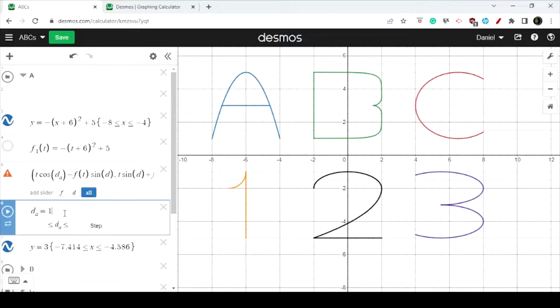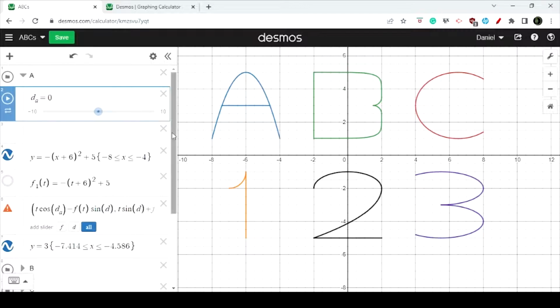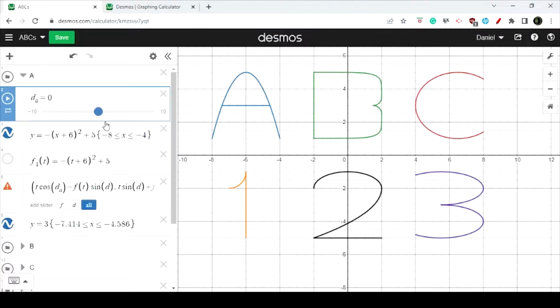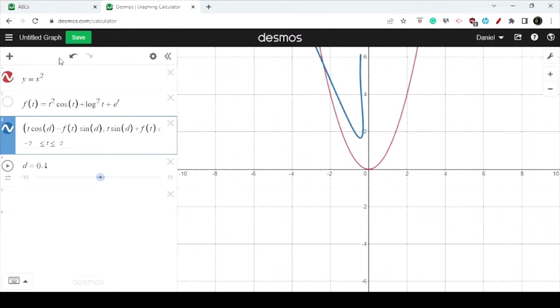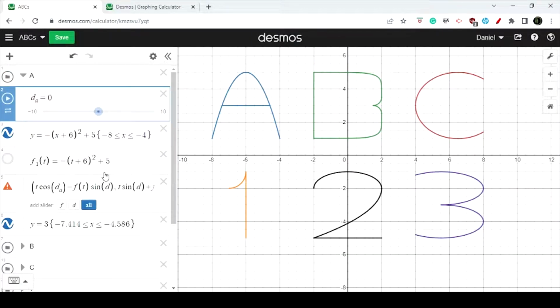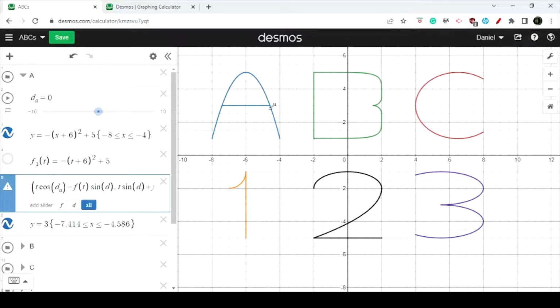Let's do that. What I'm doing here is getting this set up to what we had in our example graph here. That's why I'm moving somewhat quickly, so that you don't have to sit through much of this setup process.